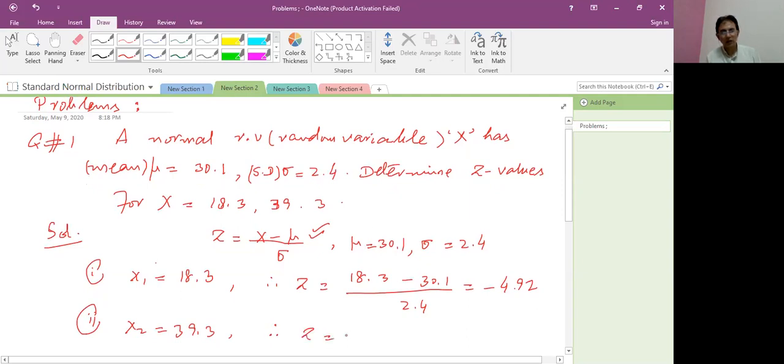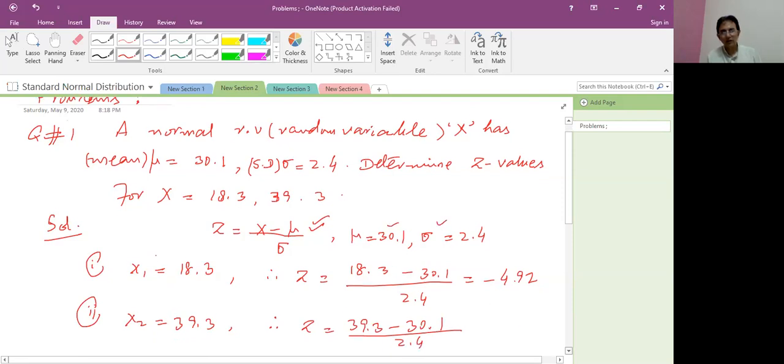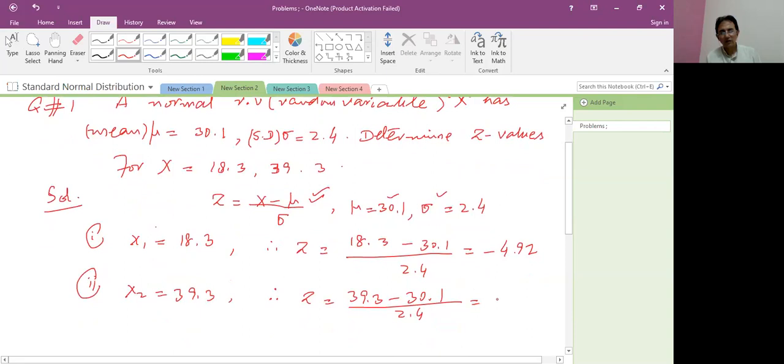So therefore, z is equal to (39.3 minus 30.1) divided by 2.4, because mu and sigma are the same in both cases. With the help of a calculator, we determine the value, it is positive, 3.83. So with this formula, we have determined the value of z in both cases.